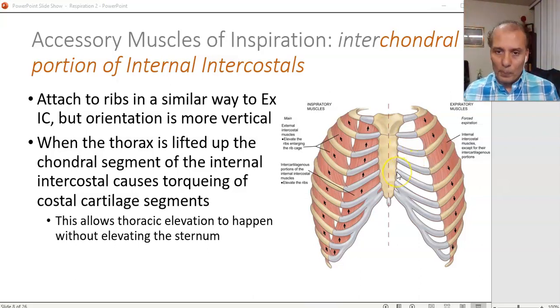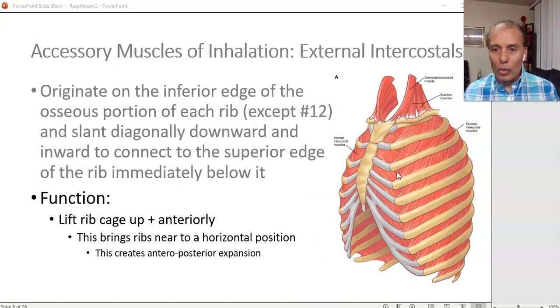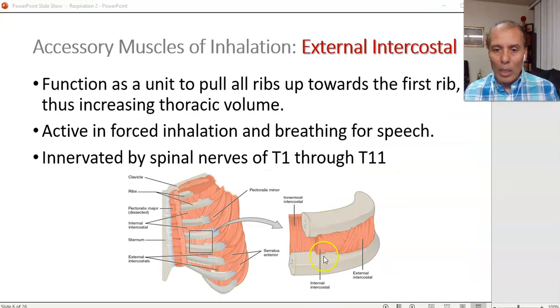So let me go back and show you here. This is the internal intercostal, but that is the interosseous segment of it. That is a muscle of exhalation. We're not speaking about this one now. We're speaking about the muscle that is connecting the pieces of cartilage in the front to each other.